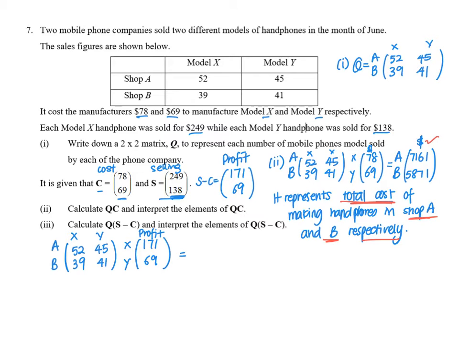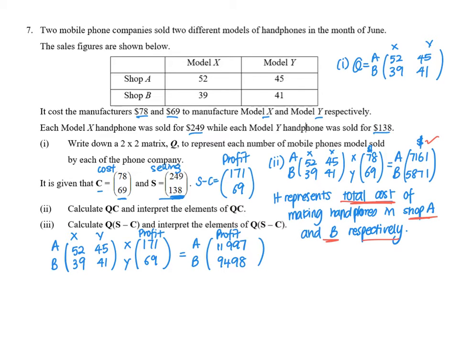We will get a 2 by 1 matrix, which means shop A, shop B in the row, and profits in the column. And working out our answers, we will get 11997 and 9498.